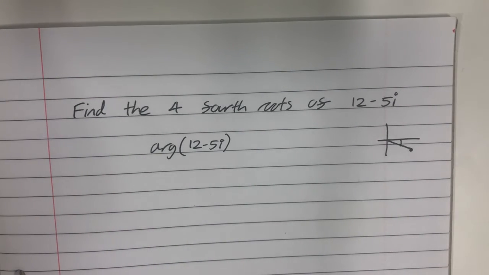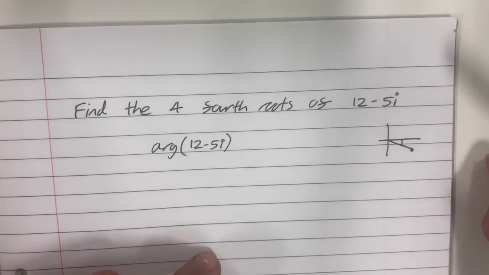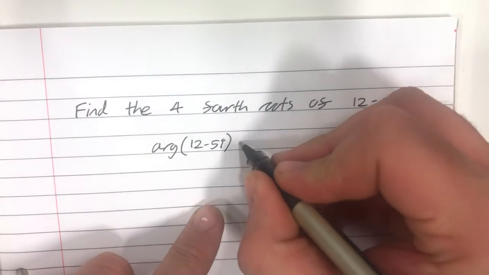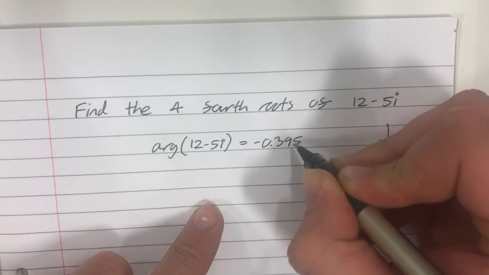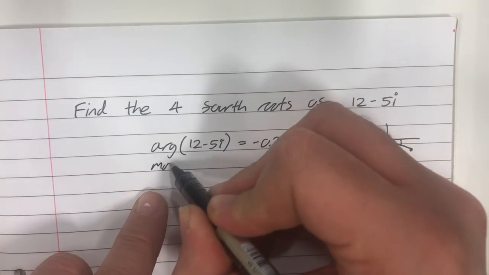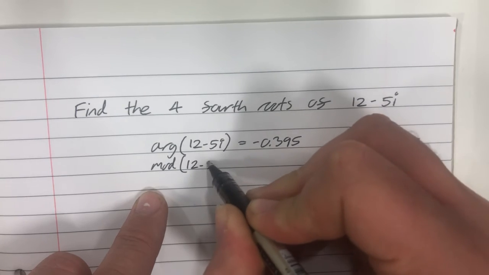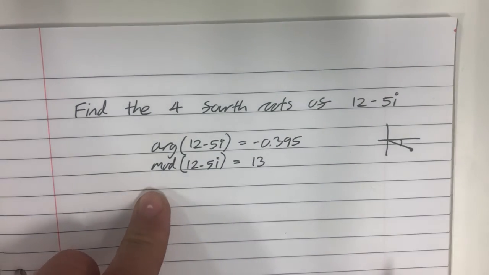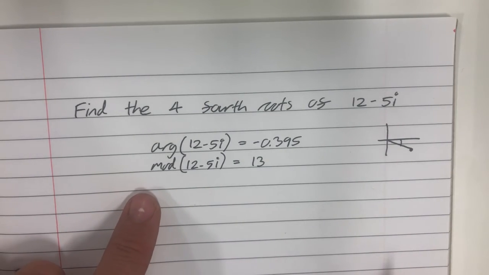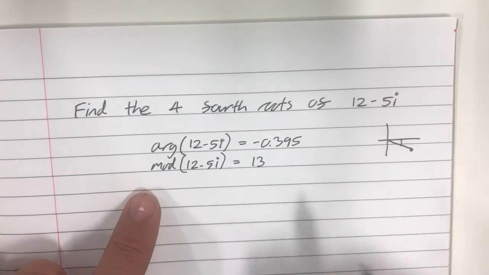So I'm going to inverse tan minus 5 over 12. And that gives me minus 0.395. That's the 3 sig fig. And the modulus of 12 minus 5i is 13.